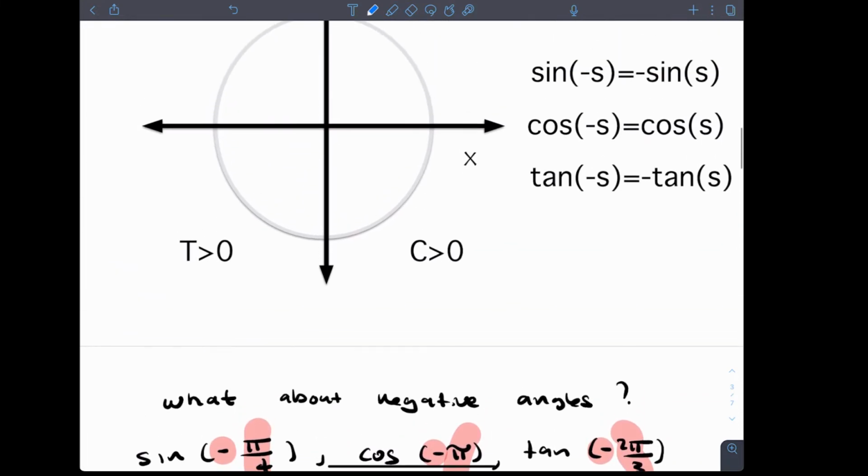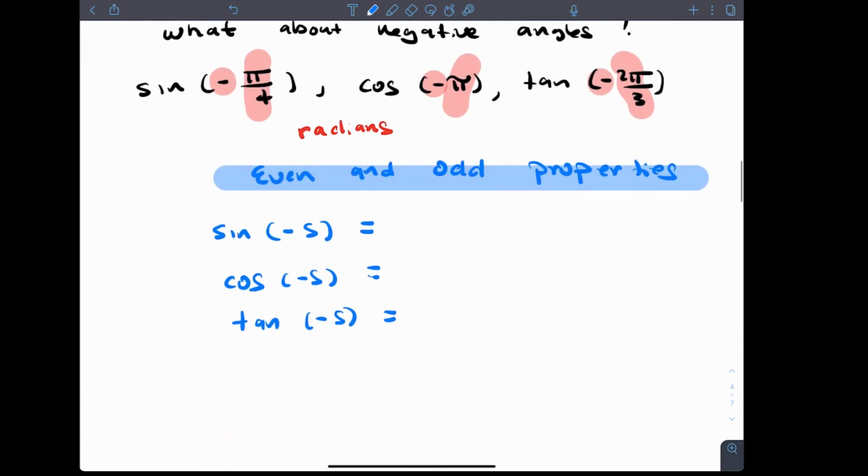They equal what we have up here: minus sine of s. This here is just cosine of s, and this is minus tangent of s. These are what's called even and odd properties.